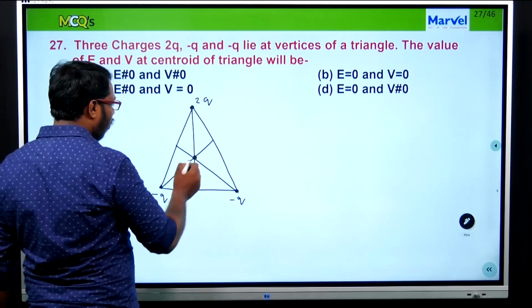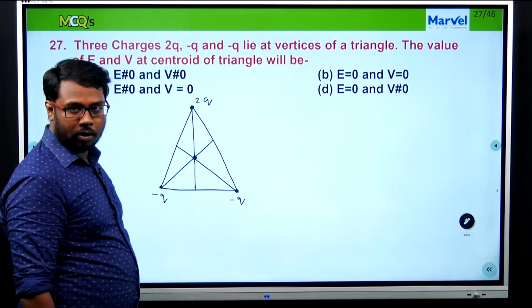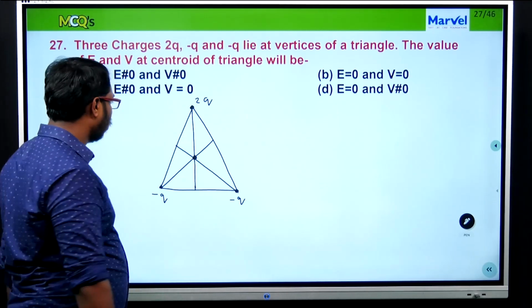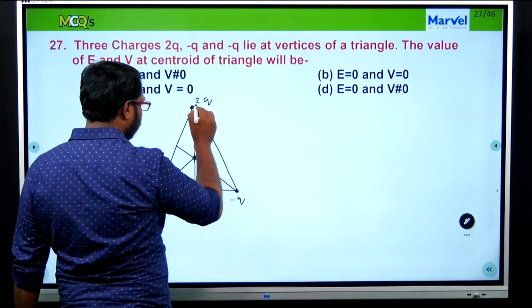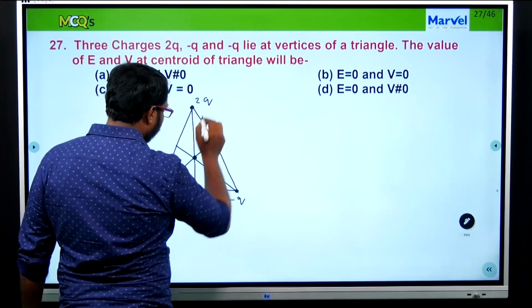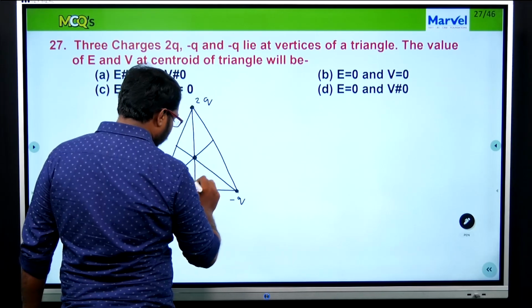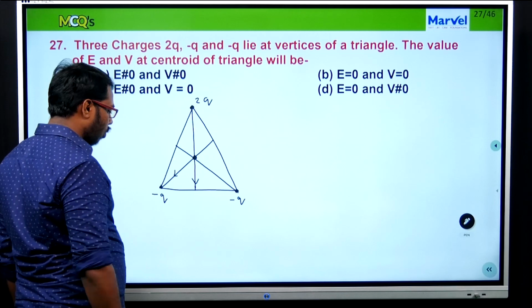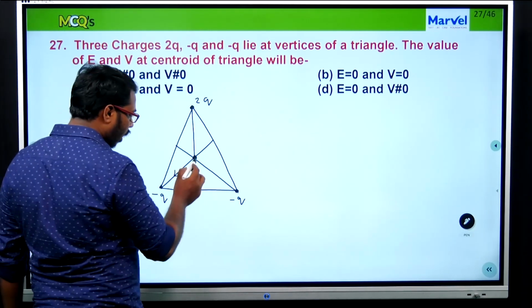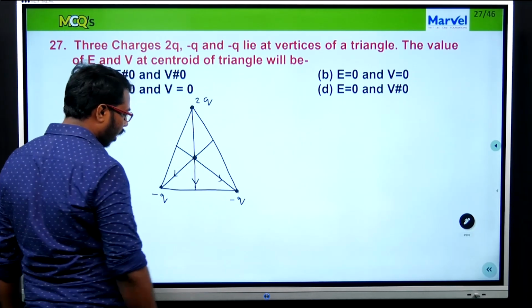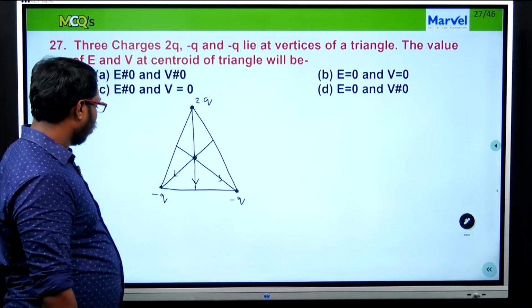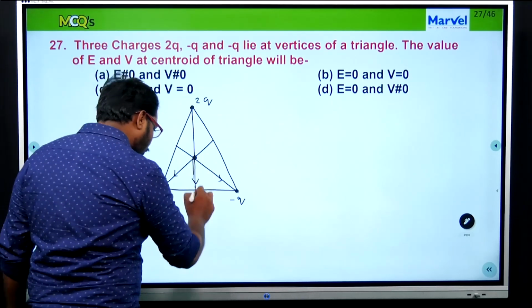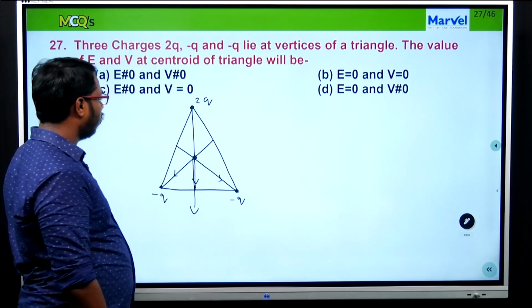Assume that we have a test charge in here, a positive charge. Now what happens is, this positive charge will repel this test charge down. Likewise, this test charge gets attracted to this negative charge. Likewise, this test charge will again get attracted to this negative charge. So if you see, the total net force is actually pointing down.